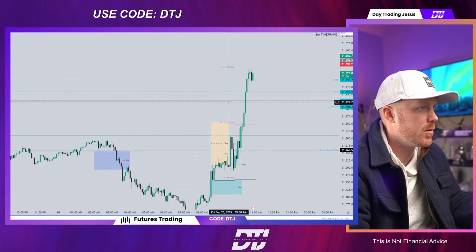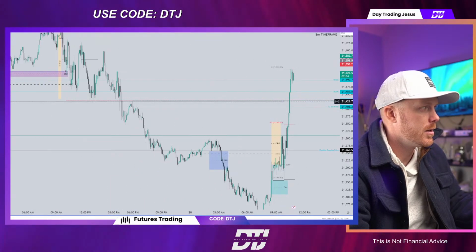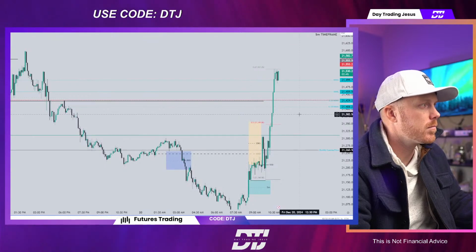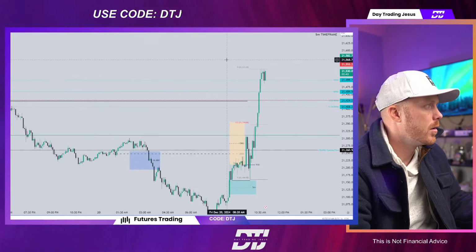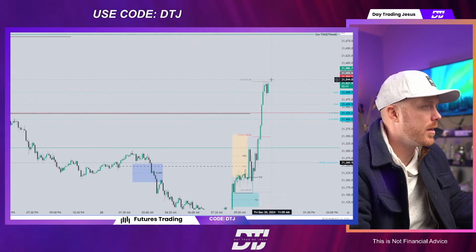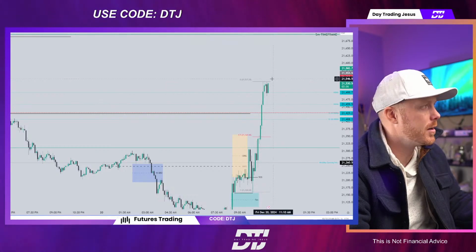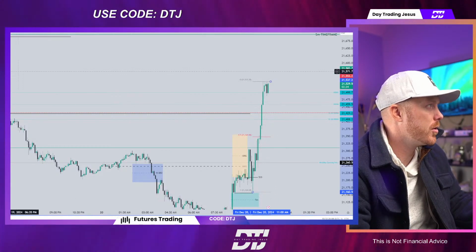You could say these relatively equal lows right here, you can treat that as a breaker. But going long right now, I think you would take on more risk. It could work out, but personally, it's not something I would want to do.